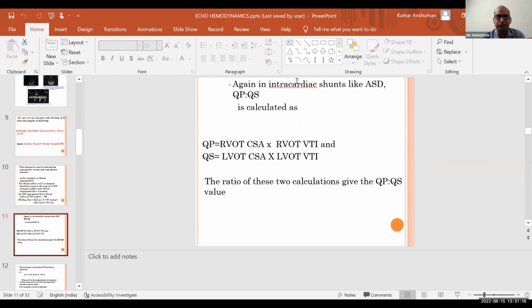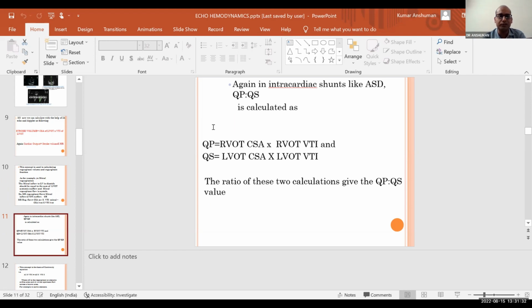So you have to calculate the QP by QS, and on this basis we define whether we have to go for surgery or not, whether surgery is feasible or not, or whether there is an Eisenmenger going on. To assess all this, we need this QP by QS.